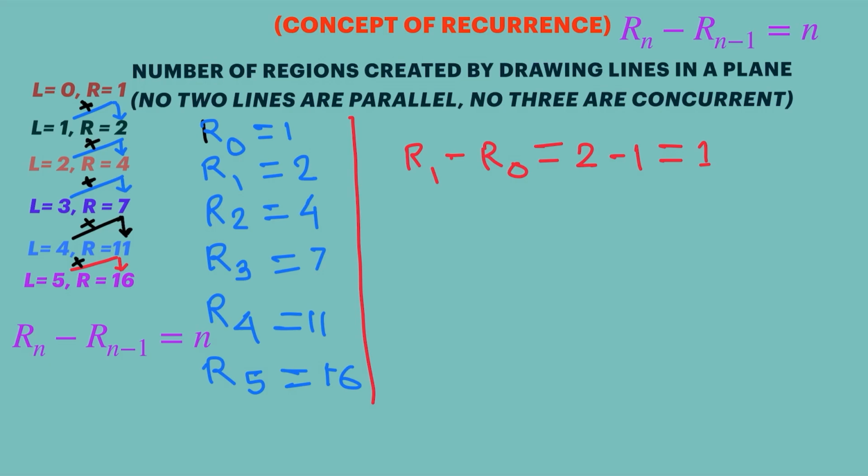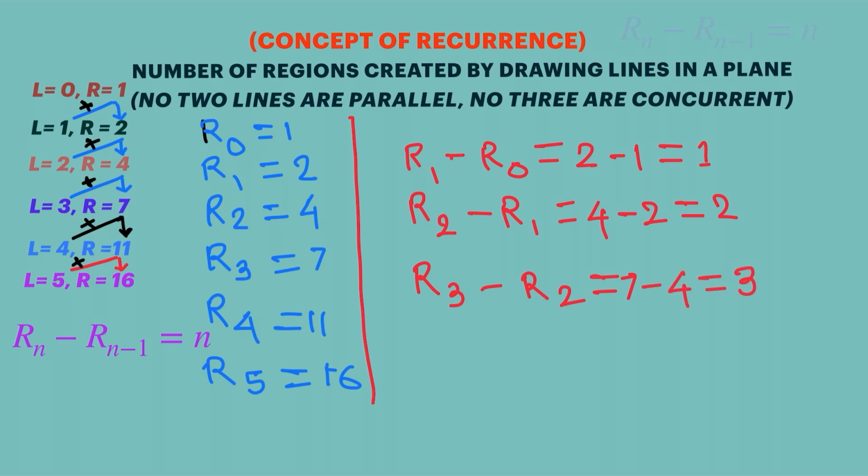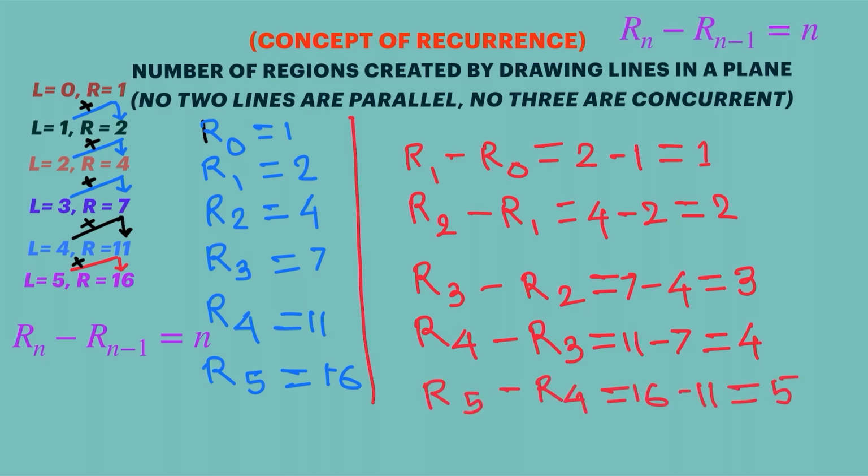Putting the value n equal to 1, we get R1 minus R0 equal to 1, R2 minus R1 equal to 2, R3 minus R2 equal to 3, R4 minus R3 equal to 4, and R5 minus R4 equal to 5, in this way.